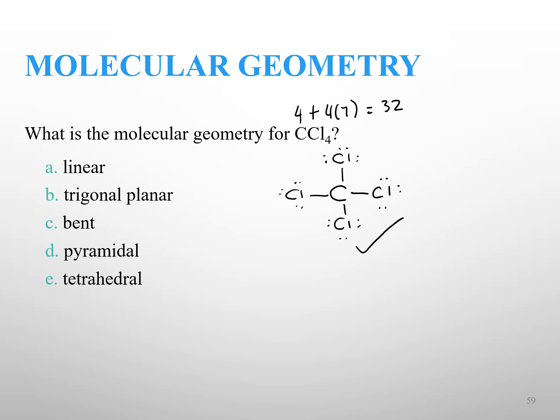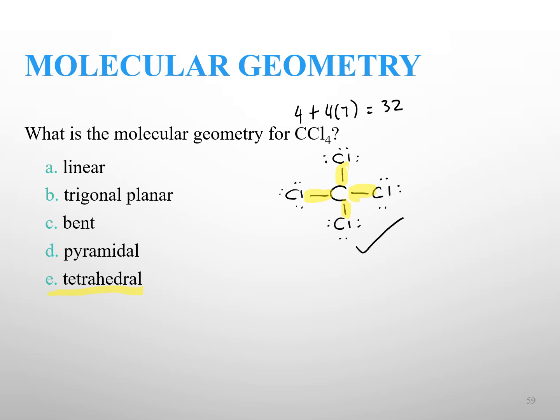So that means, how many groups does it have? It has 1 group, 2 groups, 3 groups, 4 groups. None of them are lone pairs. So if that's the case, you have a tetrahedral shape, right? So that's tetrahedral.